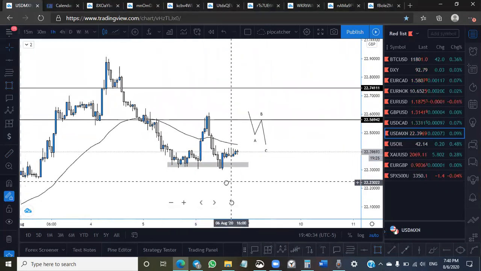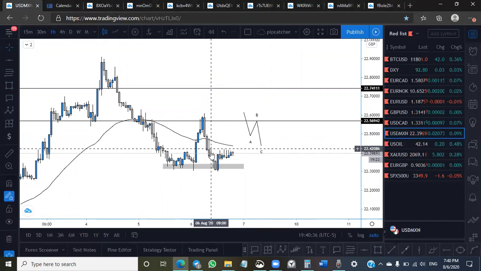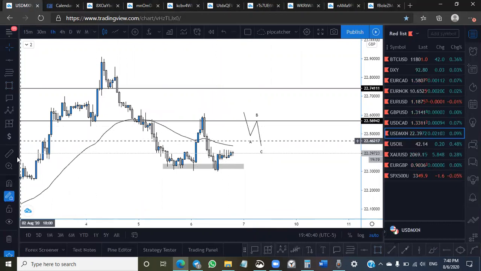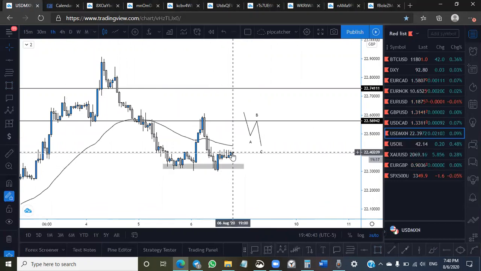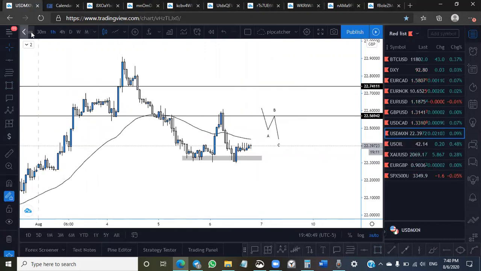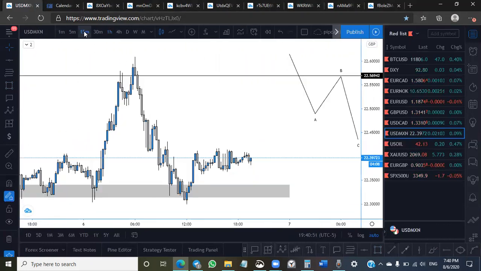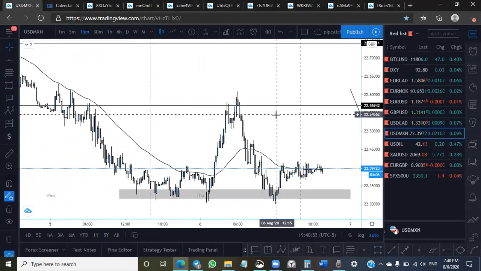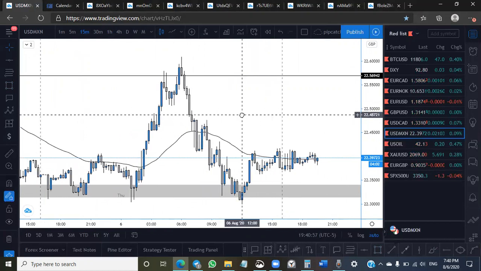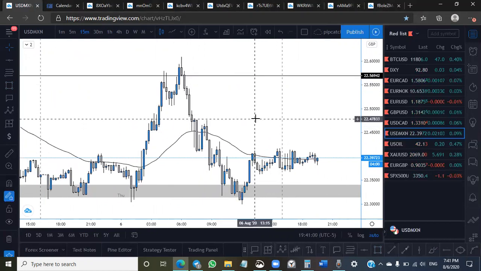This went about 100 pips, and this is currently floating around 70 pips right now. I also had a re-entry on this position that went about 40 pips or so.